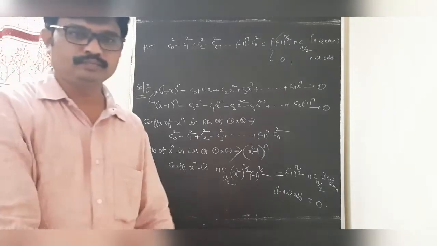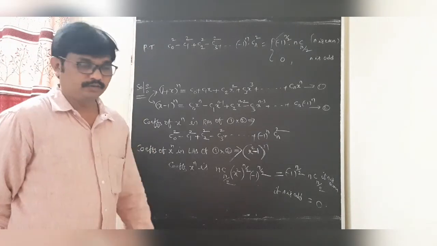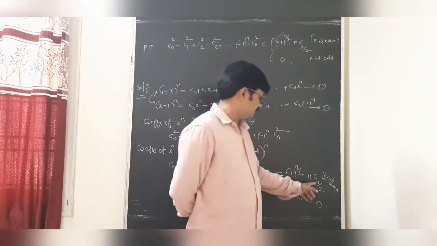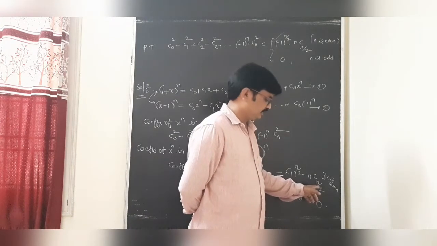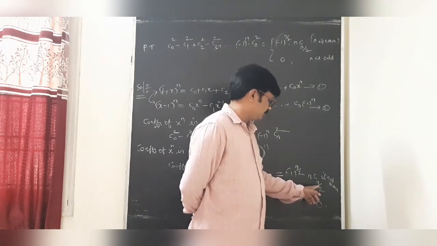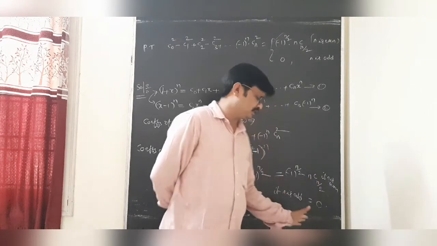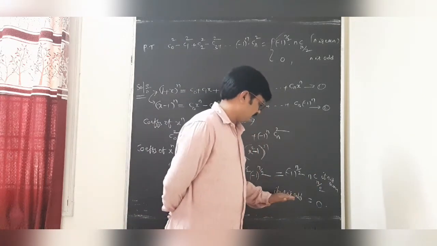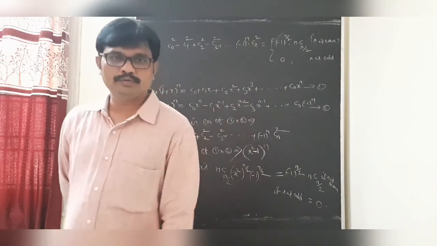Okay students? Is it clear? My dear students, is it clear students? N is even, undoubtedly the suffix will be an integer. N is odd, 3 by 2, 1 by 2, that is undefined. So the coefficient of x power n is clearly, for n odd, it will be 0.